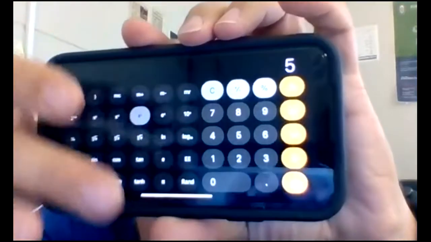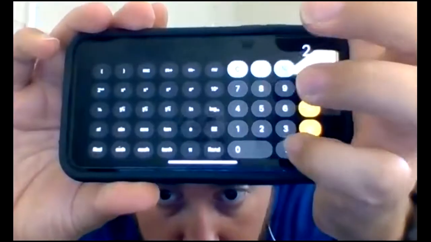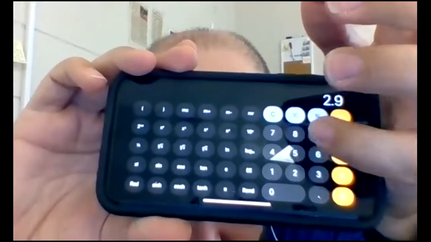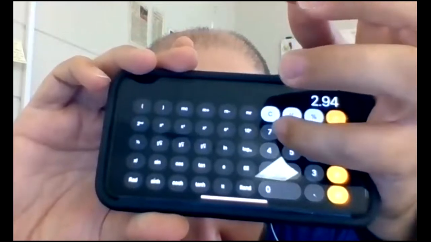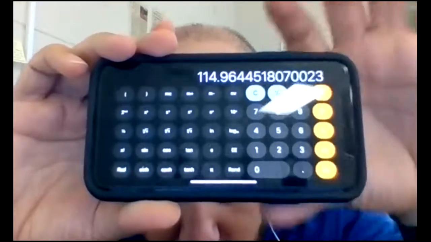All right, 5 to the 2 point, this is hard, 9, 4, 8. Got it, with my pinky. Equals, same thing, 114.96.